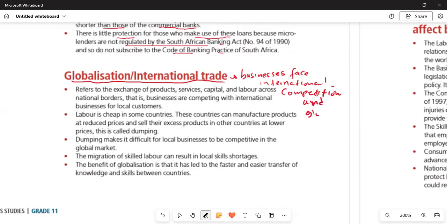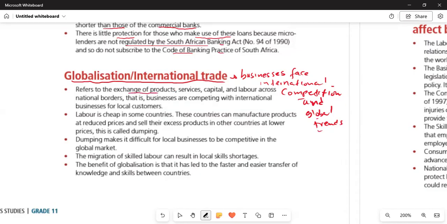For example, local roofing brands compete with cheaper imports from China. That is why a business faces international competition and global trends.